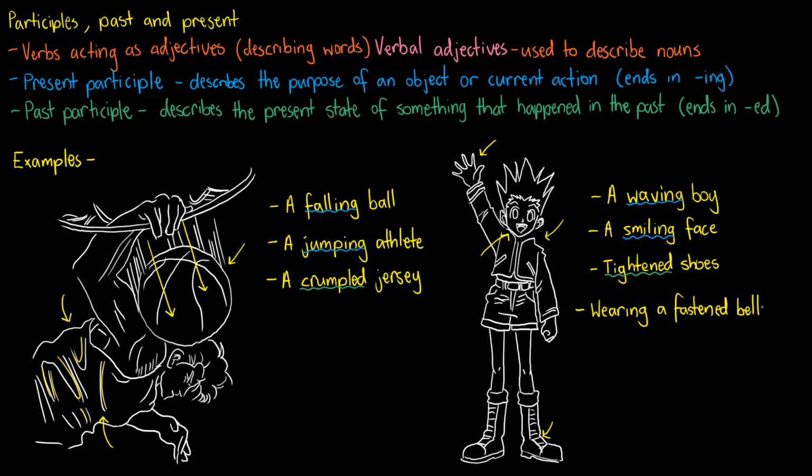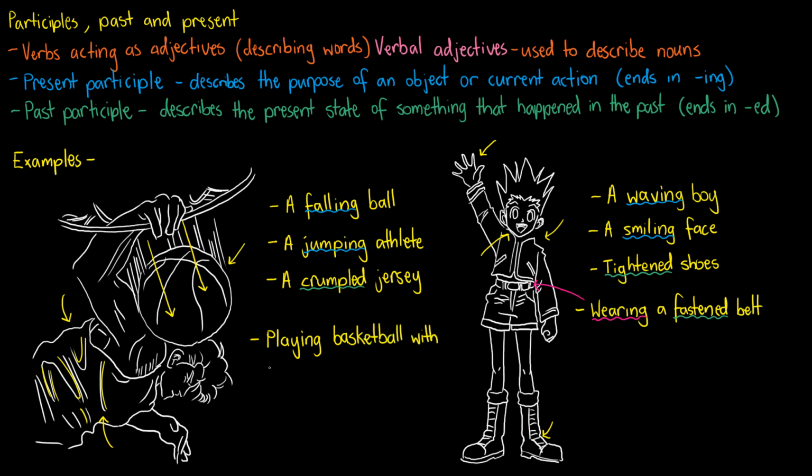Now, it gets a little bit harder when you want to use a verb with a participle. So we're going to say that he's wearing a fastened belt, but wearing is a verb, it's what he's doing right now. Fastened is the participle. It's how we want to describe the belt. We'll try another example with the basketball player as well.